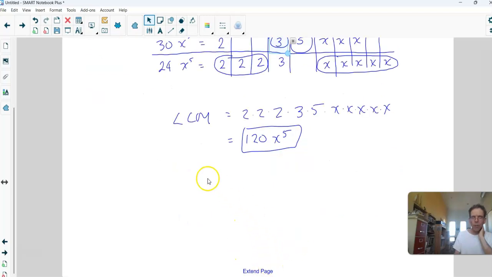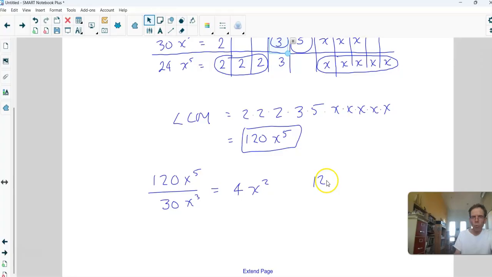And you might be wondering, is that really divisible by all those, well, those 2 quantities? They aren't really numbers unless you give x a value. If we divide by 30x cubed, what do we get? 30 goes into 120 4 times, and how many x's are left? 2 on the top.